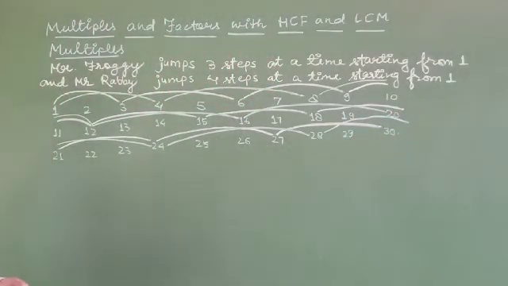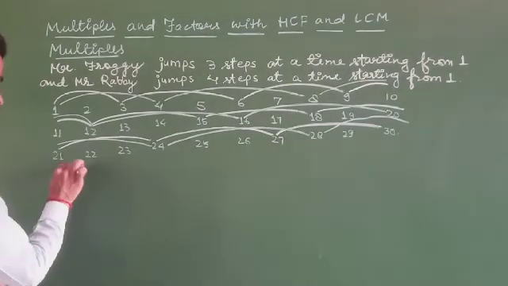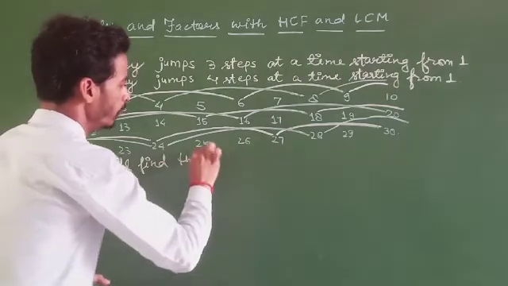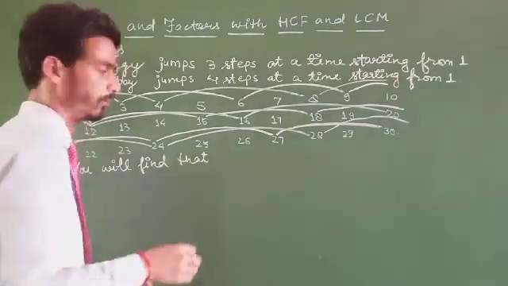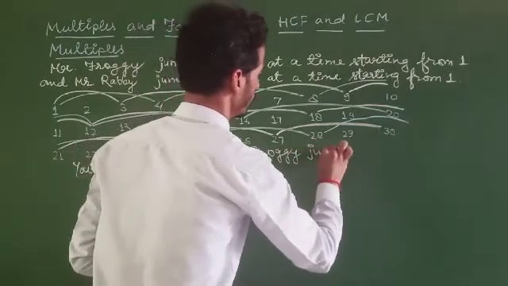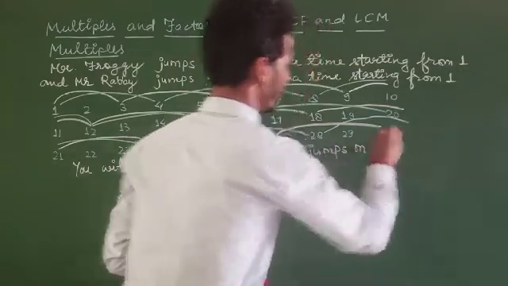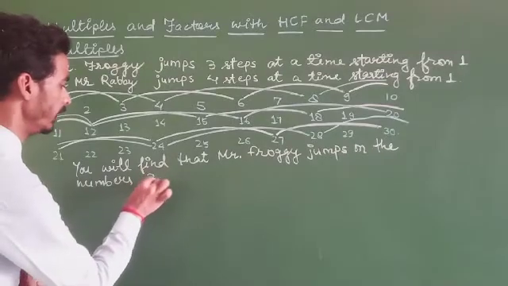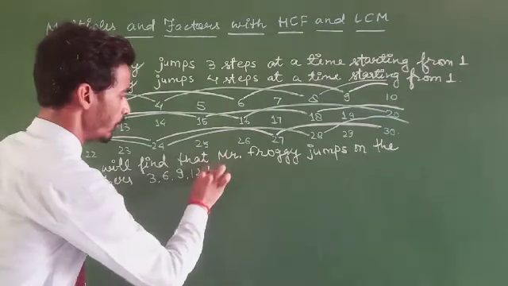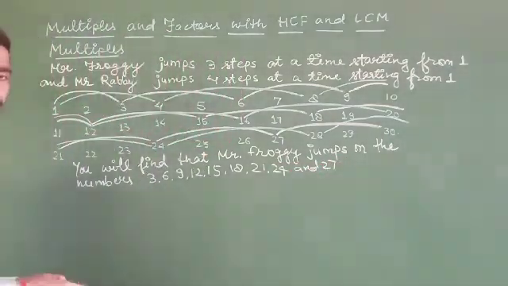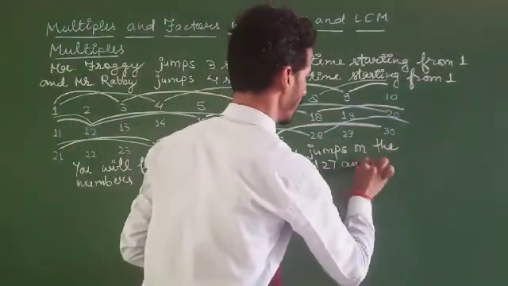Okay, so now what we can see here is that Mr. Froggy jumps on the numbers 3, 6, 9, 12, 15, 18, 21, 24, 27 and 30.